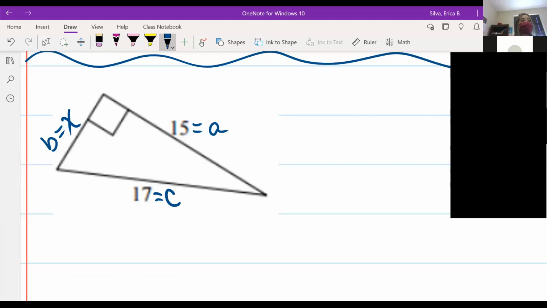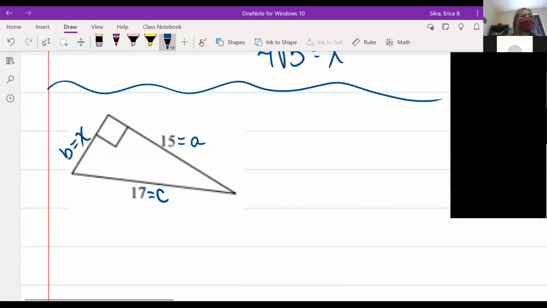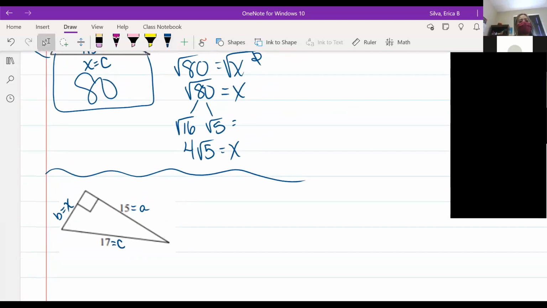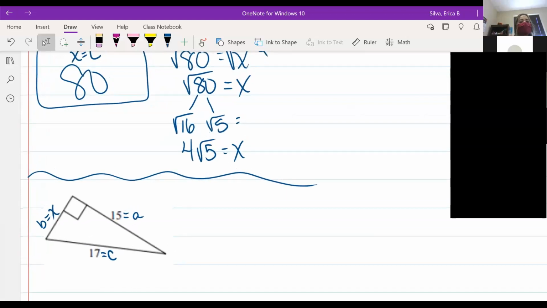All right, so now we're going to set up our equation. If we have our C, are we going to add the A squared or are we going to subtract it? Think of the water. We're going to subtract it because we have the big square. Now we're going to empty it out into the smaller one, and whatever's left over will be left for the other square. So let's go ahead and set this up.